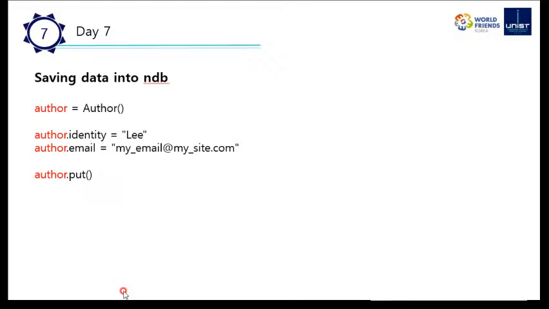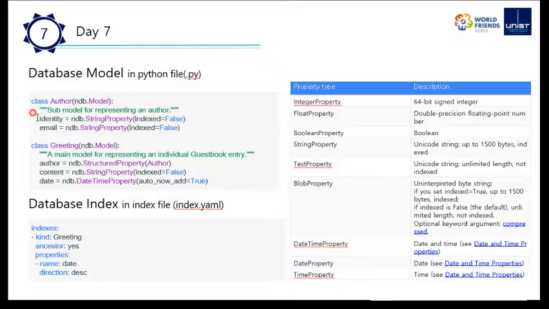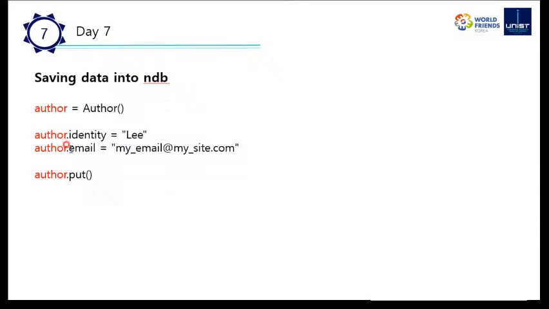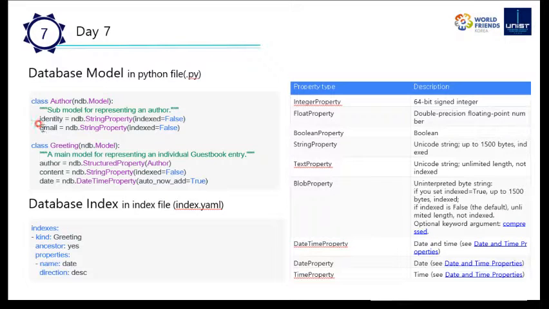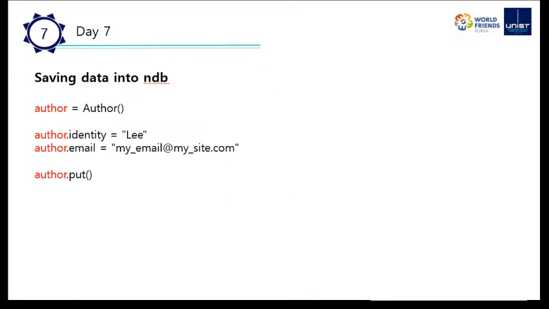Saving data into ndb. You have to call this author class, the model class, into a new variable. So in this example, author equals Author, and author dot, this is the column name we specified here, and email is also set here.